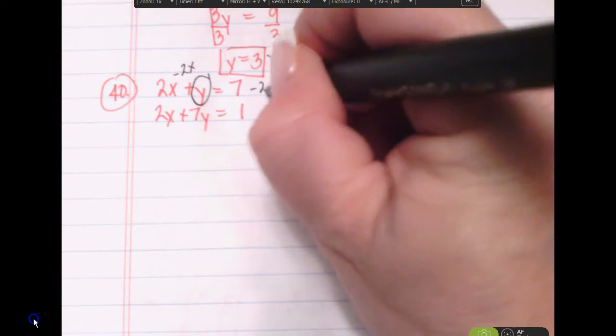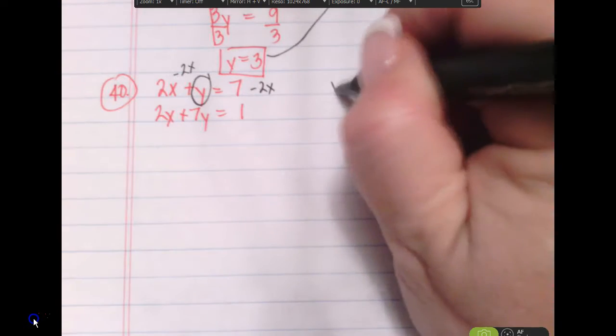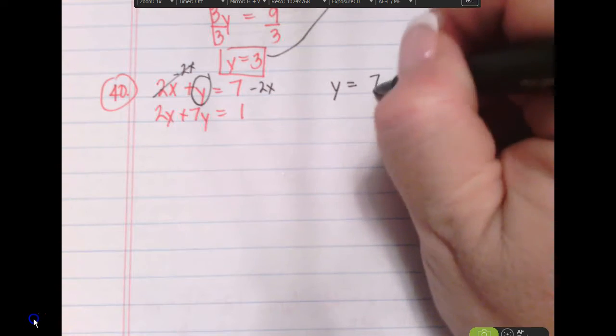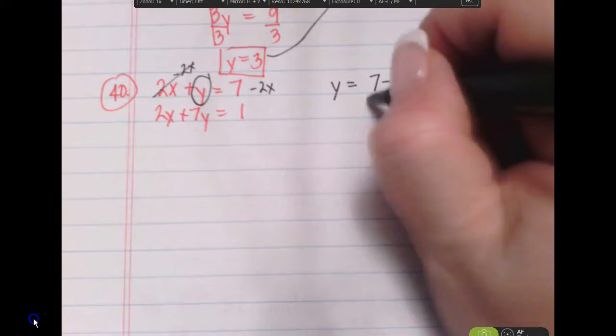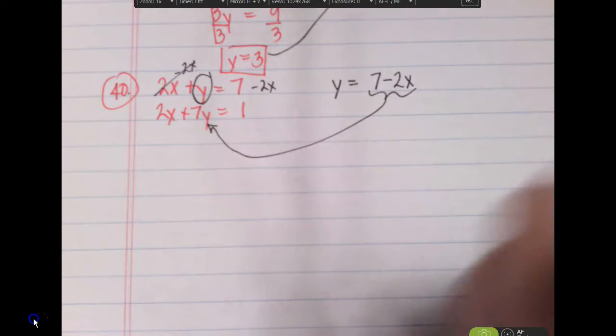It has a coefficient of 1, so I'm going to subtract 2x from both sides, and I get y equals 7 minus 2x. I'm going to plug that in here for y this time.